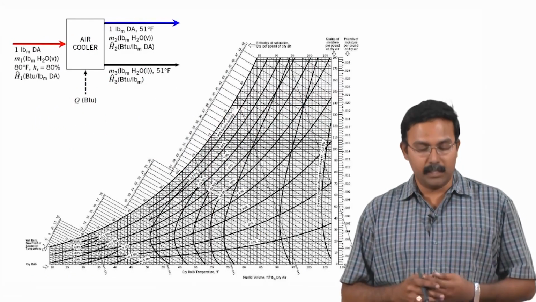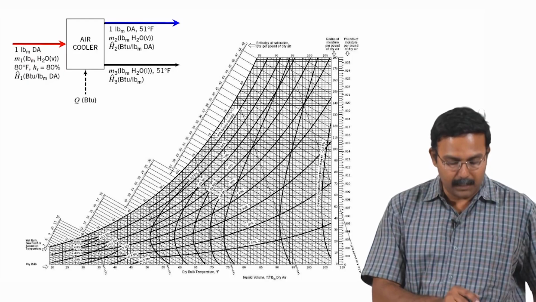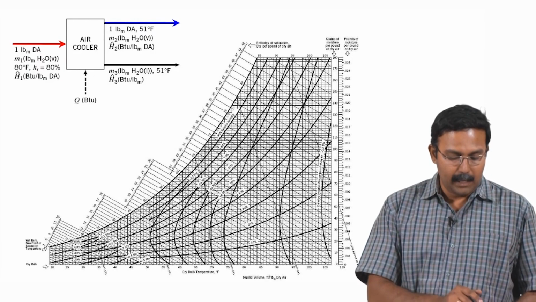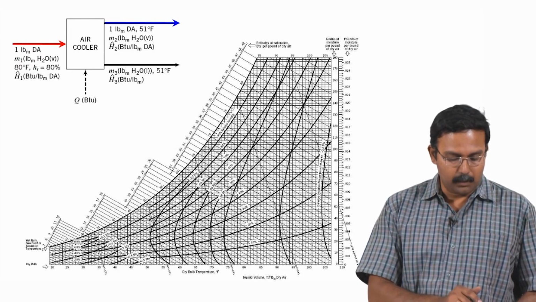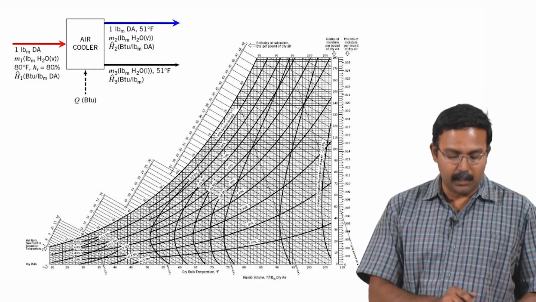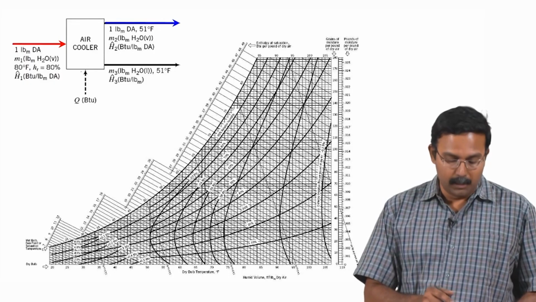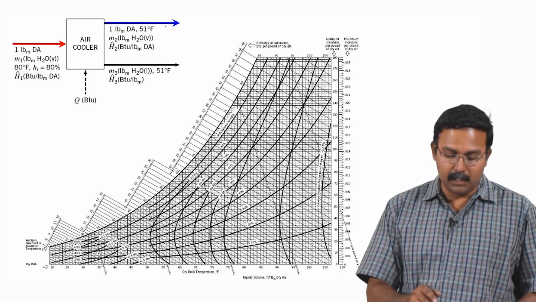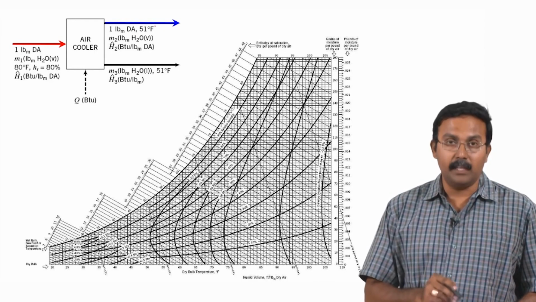So, here is the flow chart for the system. We are assuming that 1 pound mass of dry air is entering into the system, and this contains m1 pound mass of water vapor, because it is at 80 degree Fahrenheit with a relative humidity of 80%. It enters into the air cooler and it gets cooled, where some of the water condenses and leaves, and the rest leaves as the air water mixture, which must be the saturated air water mixture at 51 degree Fahrenheit.